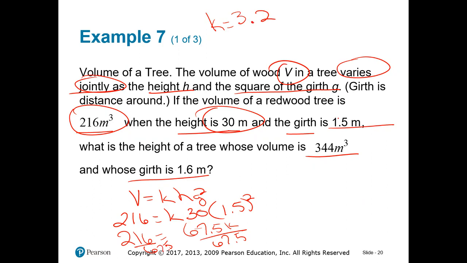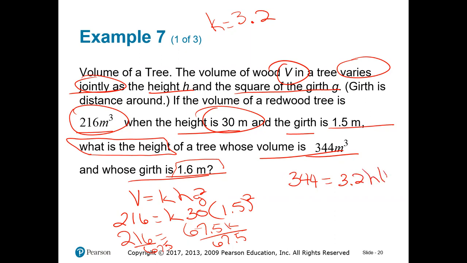Now I could do the next part. The next part says we have a volume of 344 meters cubed and a girth of 1.6 meters, and it wants to know what's the height of the tree. So our volume is 344, and we're going to set it equal to 3.2 times h times that 1.6 squared.